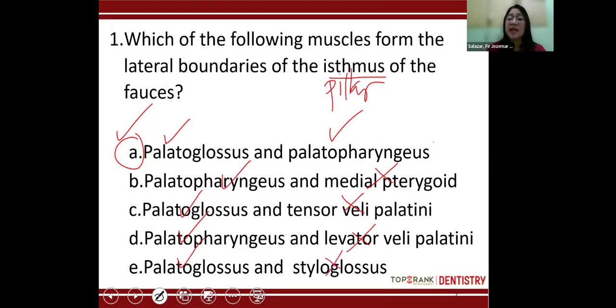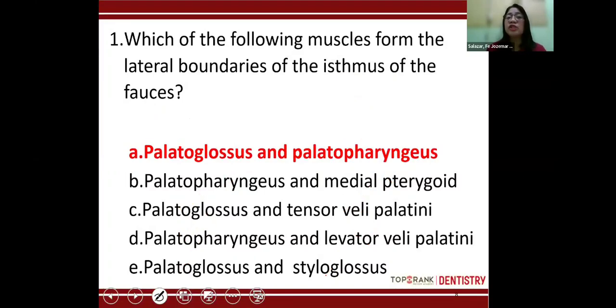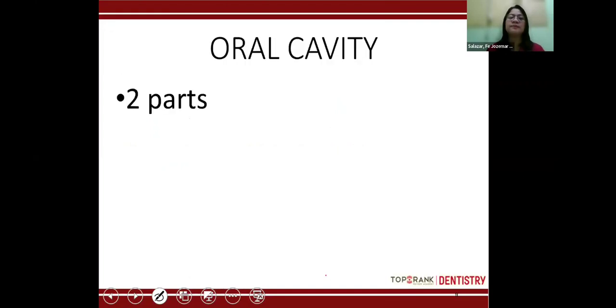So the correct answer, yes, very good, is letter A, palatoglossus, which makes up the palatoglossal fold or anterior pillar, and palatopharyngeus, which makes up your palatopharyngeal fold or the posterior pillar.